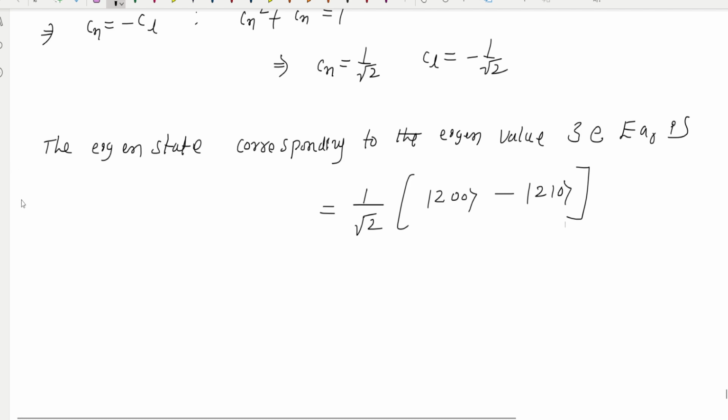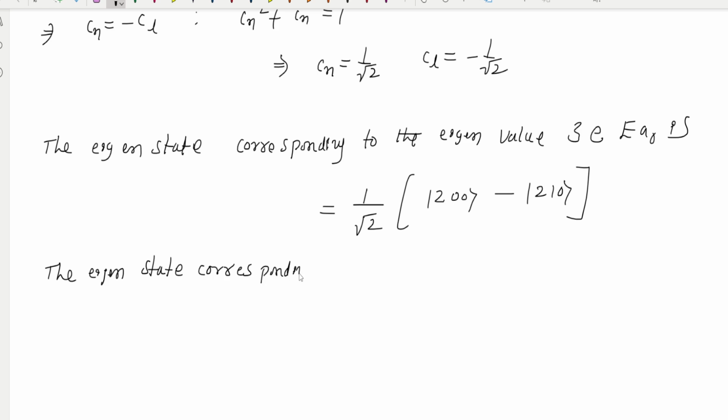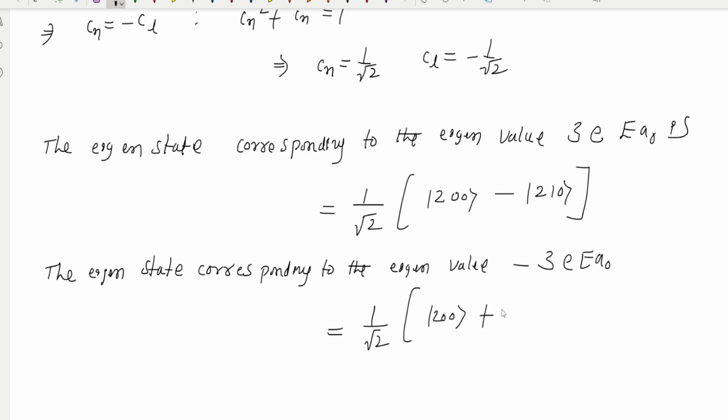Okay, the eigenstate corresponding to the eigenvalue minus 3 E A naught equal to 1 divided by root 2, 200 plus 210.